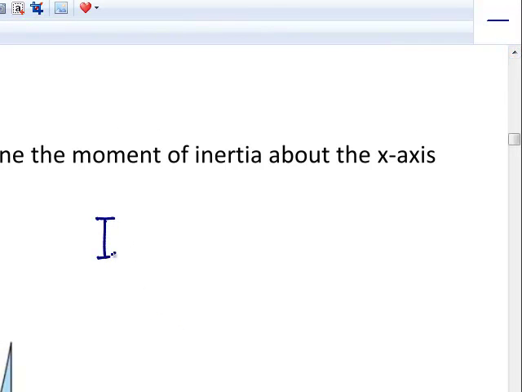And we would have Ix equals integral y squared dA.